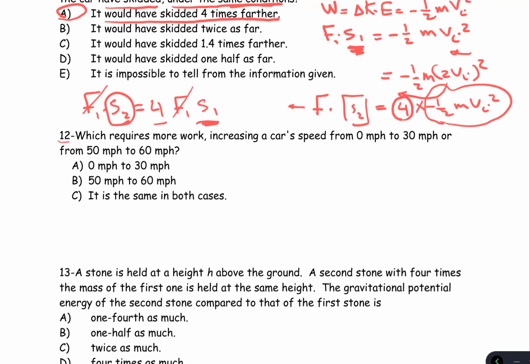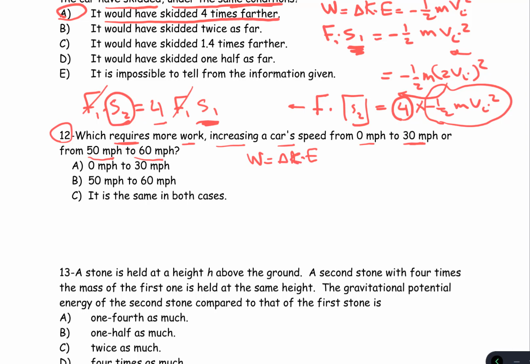Second problem, which requires more work: increasing a car's speed from 0 miles per hour to 30 miles per hour, or from 50 miles per hour to 60 miles per hour? Which one needs more work? You know work equals a change in kinetic energy, right?